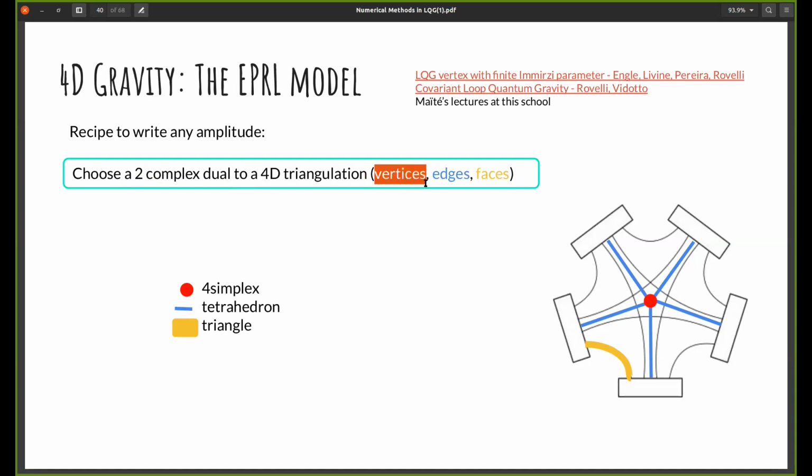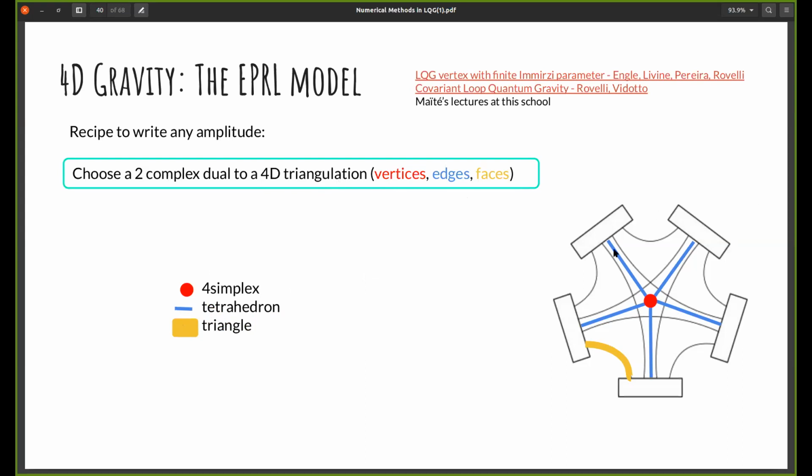The 2-complex is still made of vertices, edges, and faces, exactly as before, but now all the objects making the 2-complex are dual to a geometrical thing with 1 dimension more, meaning that while before the vertices were dual to tetrahedra, now the vertices are dual to 4-simplices, that are generalizations of tetrahedra in 4 dimensions. While before the edges were dual to triangles, now they're dual to tetrahedra. While before the faces were dual to segments, now they're dual to triangles. So everything stepped up 1 dimension.